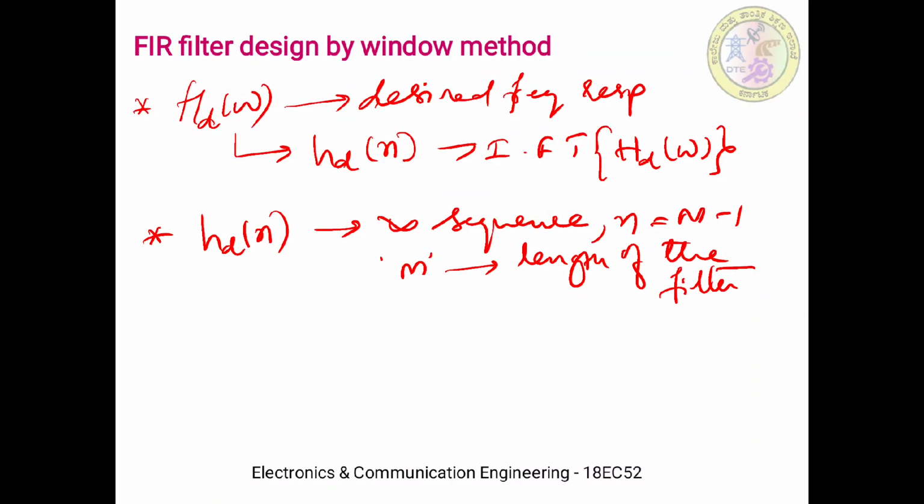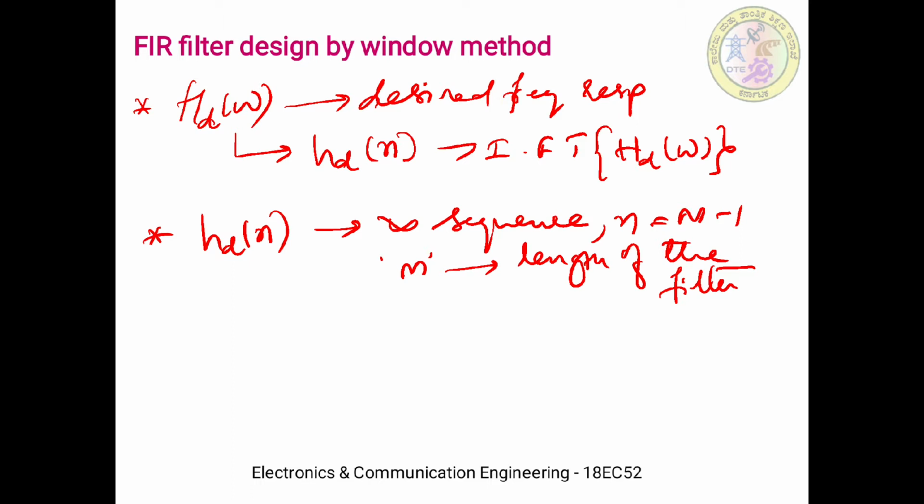So the process starts with the specification of HD of omega, the desired frequency response. Using HD of omega, we need to find HD of n, which is the inverse Fourier transform applied on HD of omega, and the nature of HD of n is an infinite sequence.